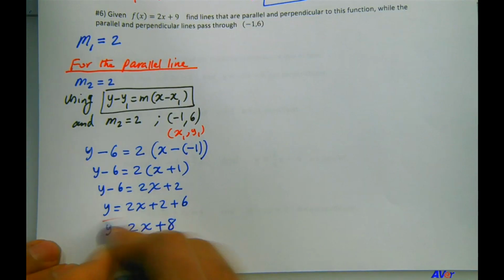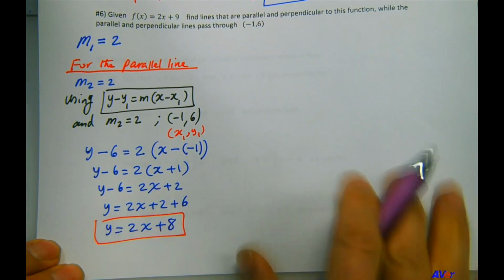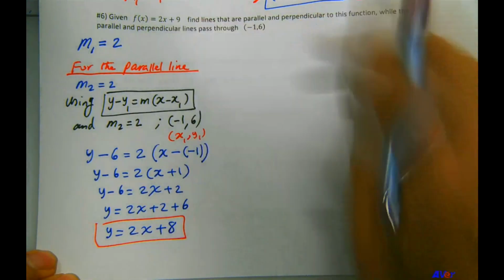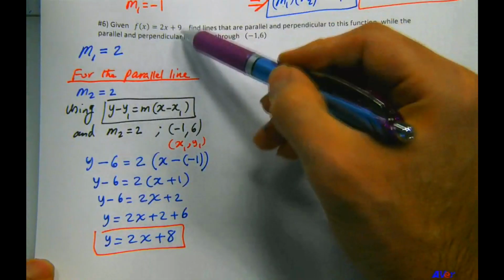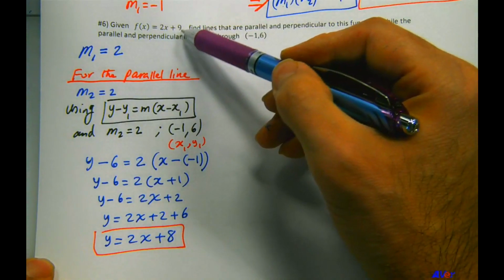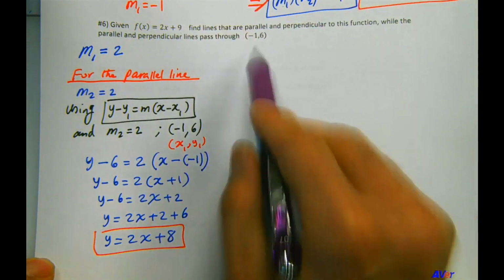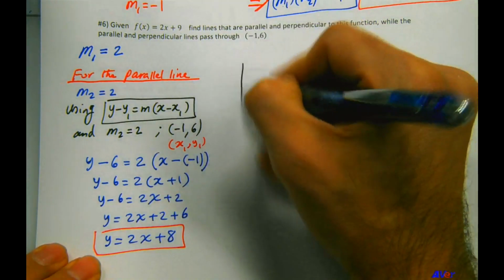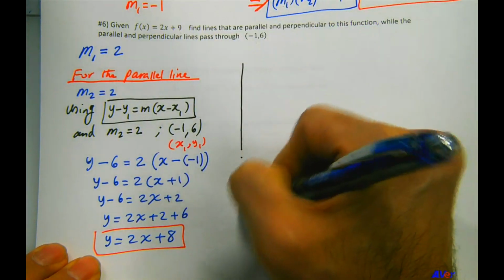So this line is parallel to that line, and it goes through this point. Okay? So let's find the perpendicular line.